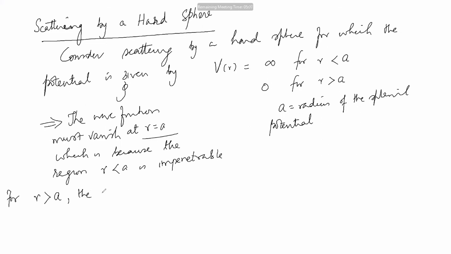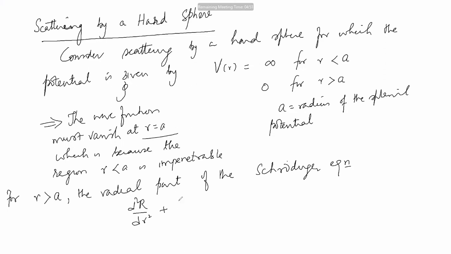r greater than a, the radial part of the Schrodinger equation, which I wrote on the last day: d²R/dr² plus 2/r dR/dr plus [k² minus l(l+1)/r²] R equals 0.